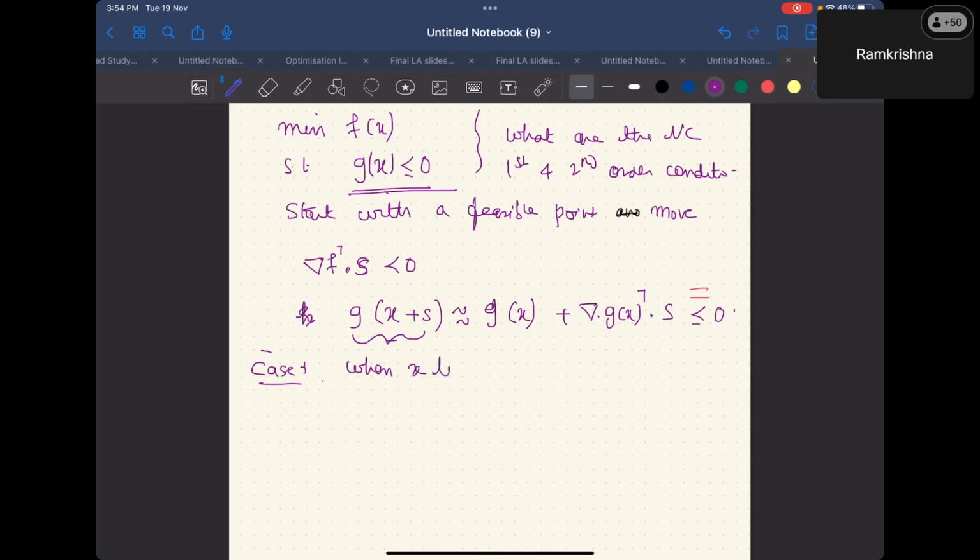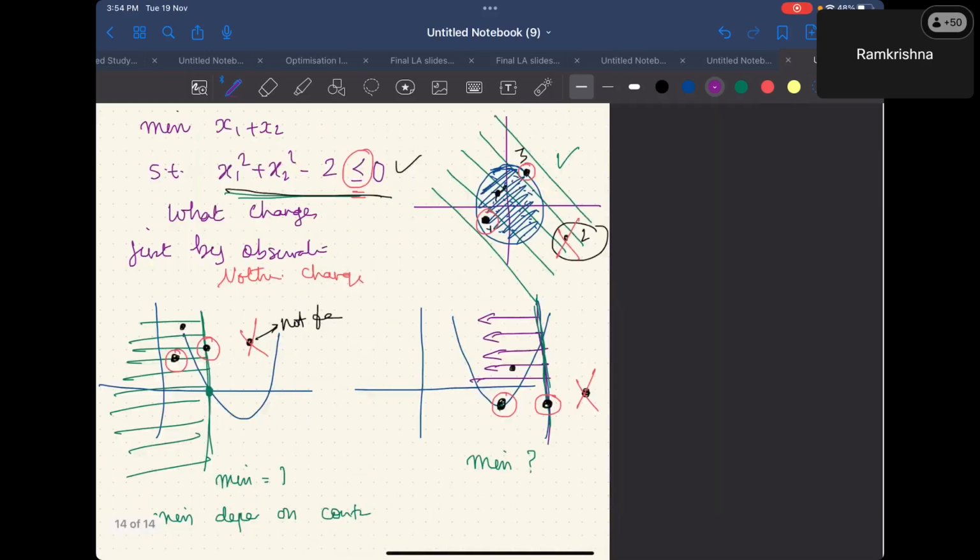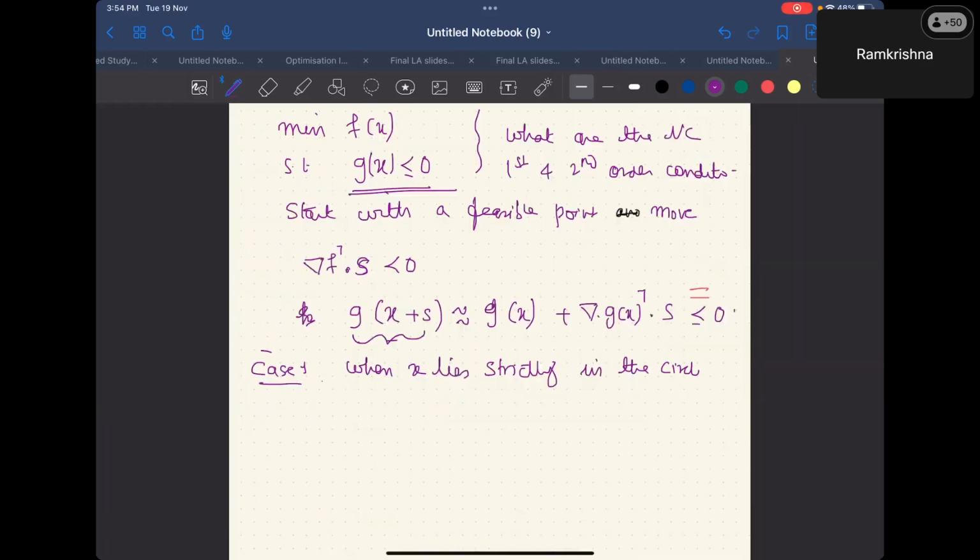x lies strictly in the feasible region. Let's say I am talking of this example, and say x lies strictly inside the circle, really inside the circle.